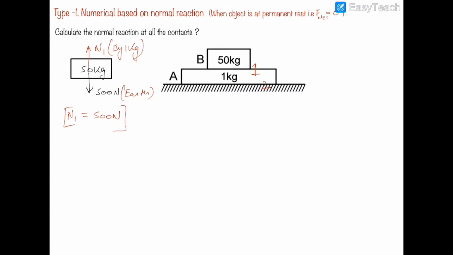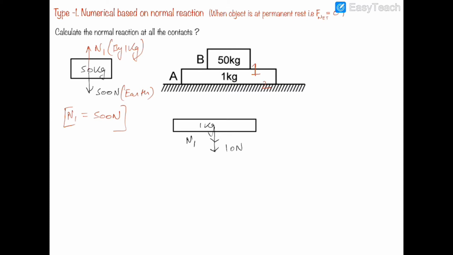Now drawing the free body diagram of the 1 kg block. This is the 1 kg block, and it is being acted upon by mg, which will be 10 Newton, and this is due to earth, and there will be a normal reaction N1 also acting on this 1 kg block in the downward direction.